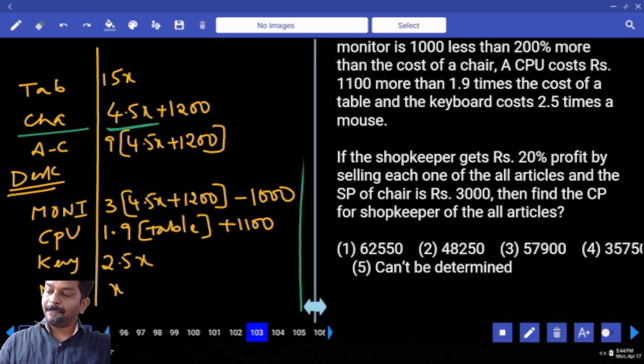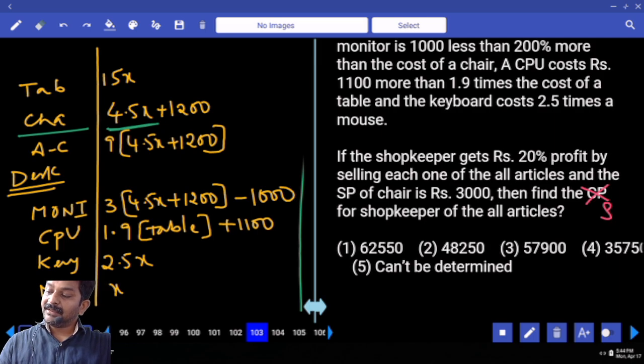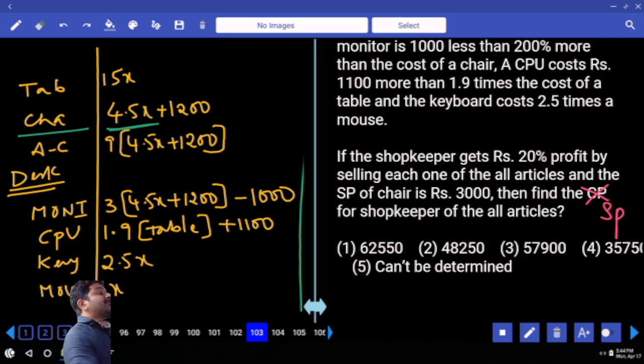Otherwise, find the selling price for the shopkeeper on all items. Either way it is the same, your cost price or my selling price is one and the same. Right? One of those two must be asked, either the selling price for me or the cost price for you. That is the change actually in this question. Right. So fine. When you look at this question, what is the selling price of the chair they mentioned? Come on.